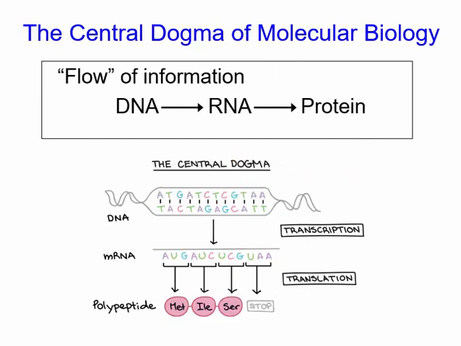And so it's helpful to remember back to our central dogma of molecular biology, this flow of information, DNA to RNA to protein through transcription and translation, and think about where we can regulate this expression of genes. As we'll see, we can regulate expression at any one of these points.